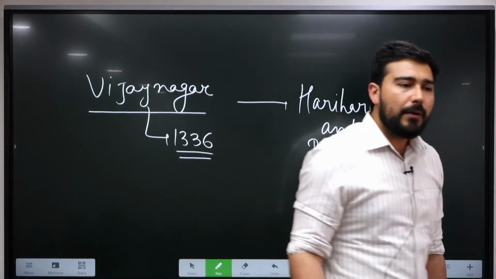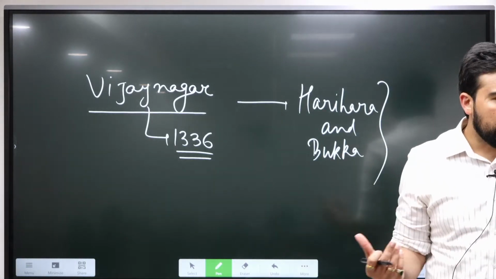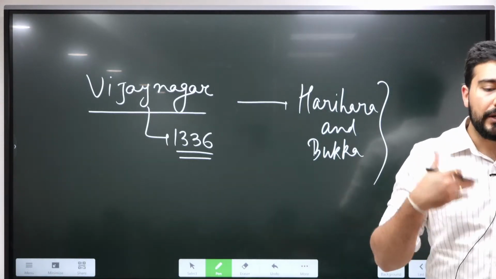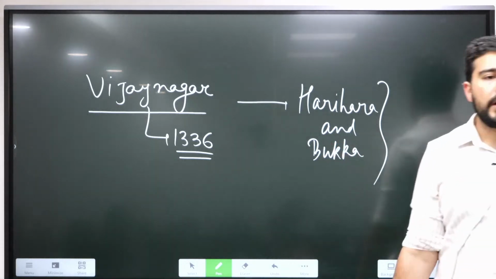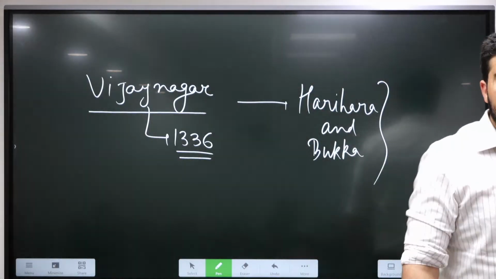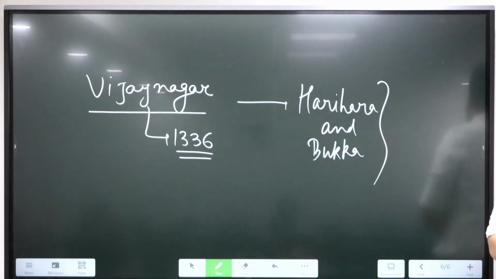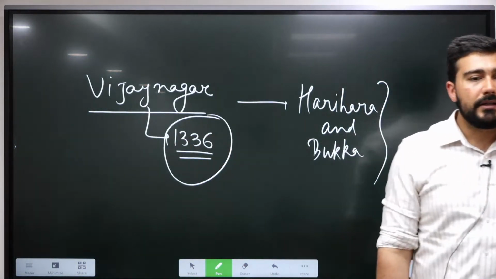Both of them were captured by the army of Muhammad bin Tughlaq. They were taken to Delhi and then converted to Islam. Then when they came back to the Deccan, they were reconverted to Hinduism, and then they led the banner of revolt. And this is how Vijayanagar was established in 1336.